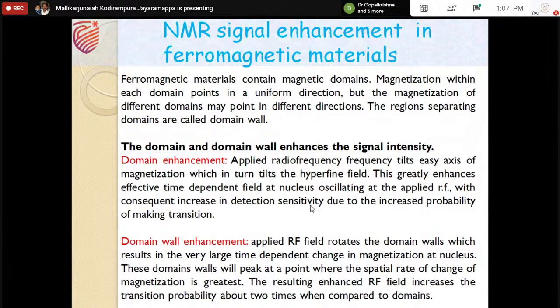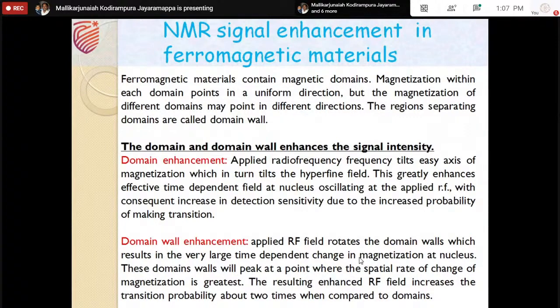That is, in the domain wall enhancement, what happens is the RF field rotates the domain walls, which results in a very large time-dependent change in the magnetization at the nucleus. And these domain walls peak at a particular point where the spatial rate of change of magnetization is greatest.